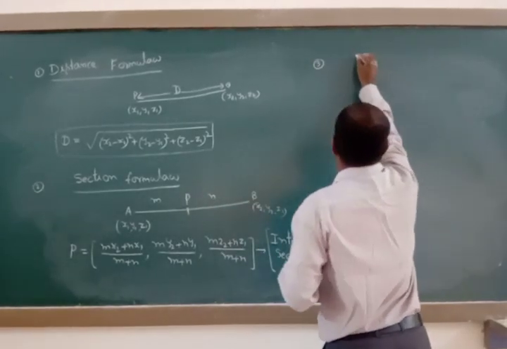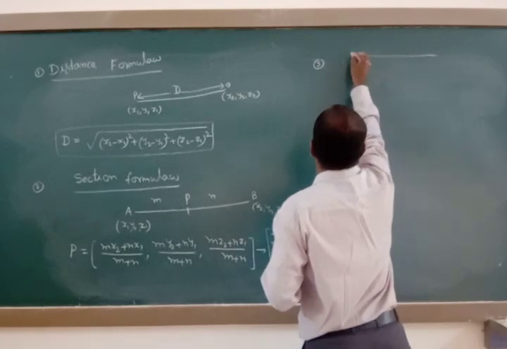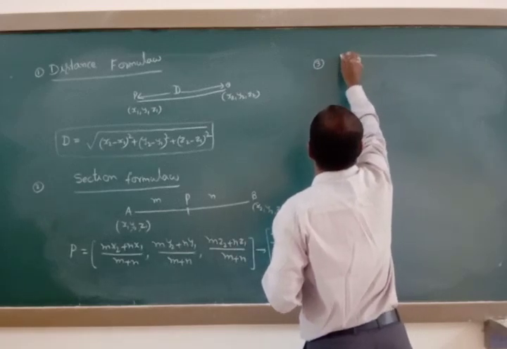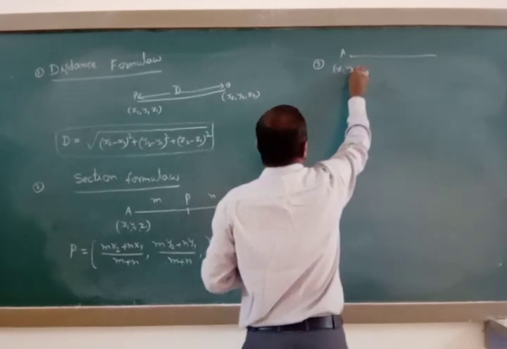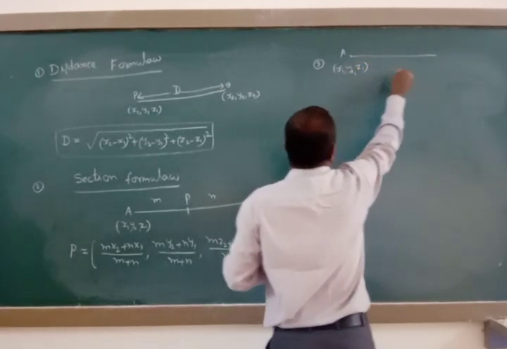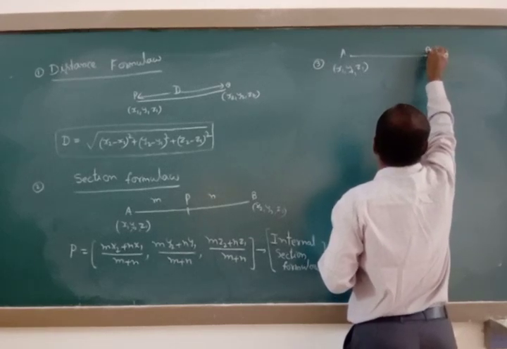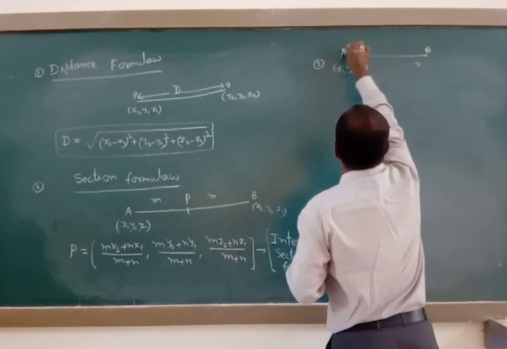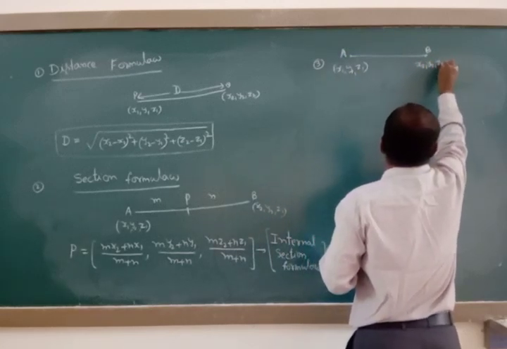In the case of the external section formula, the division point will come outside of AB. Diagrammatically, I am showing here A, x1 comma y1 comma z1, and B, x2 comma y2 comma z2.